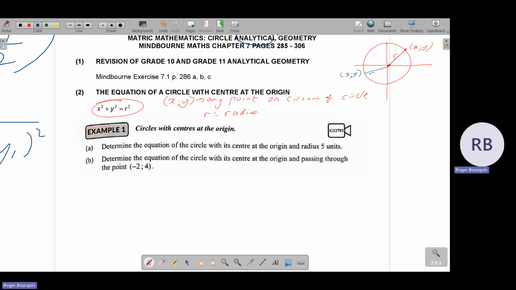In all cases, it's possible to draw a right-angled triangle.